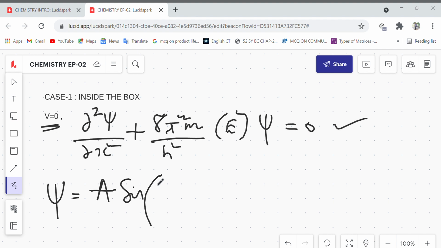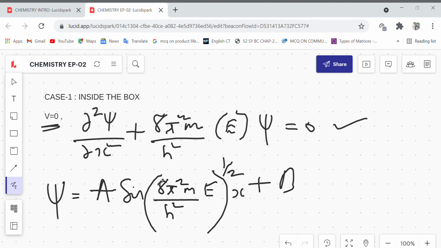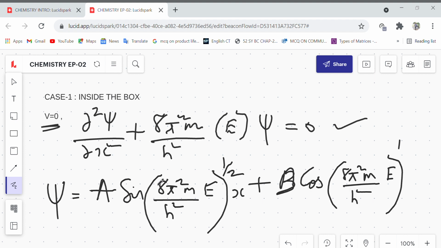A sine bracket 8 pi square m by h square whole into E whole to the power half x plus B cos 8 pi square m by h square E whole to the power half into x.